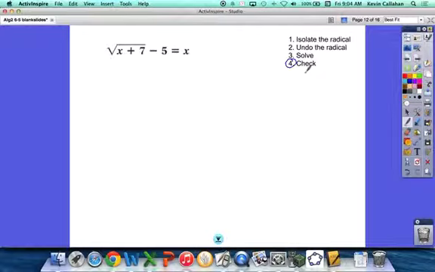Okay, so let's see. First step, we have to isolate. What do I have to do to isolate that radical? Plus 5, right? The square root of x plus 7 equals x plus 5. Okay, now we have to undo the radical. How do you undo a square root? You square both sides. The square of a square root, we just get what's inside.